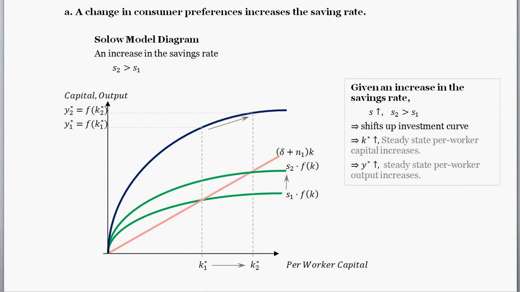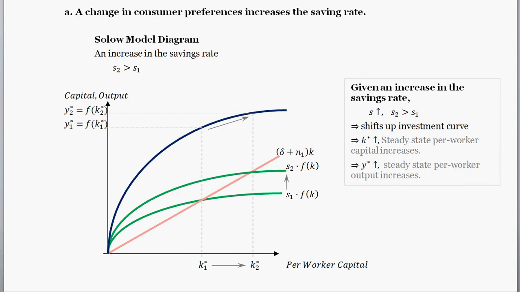Remember that if you have a new higher steady state level of per worker capital and you're at a low level of per worker capital, you don't just jump up to that new steady state instantaneously. It takes time to accumulate the new higher steady state level of capital per worker.